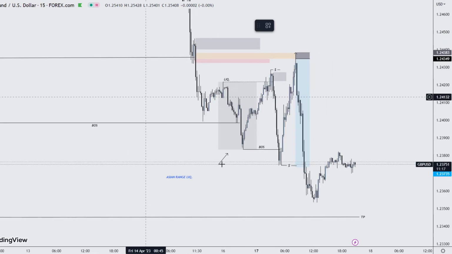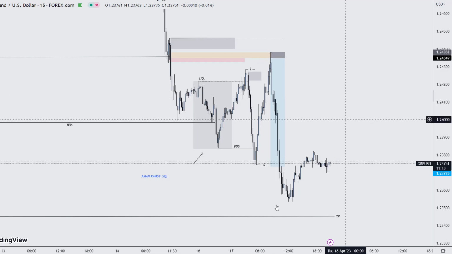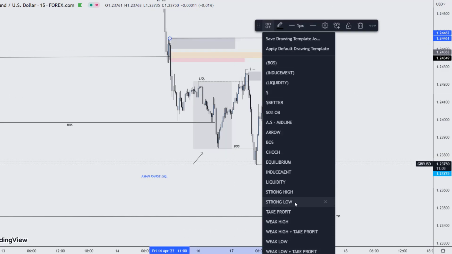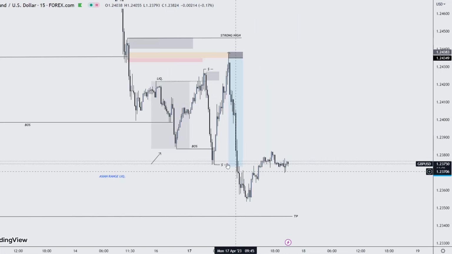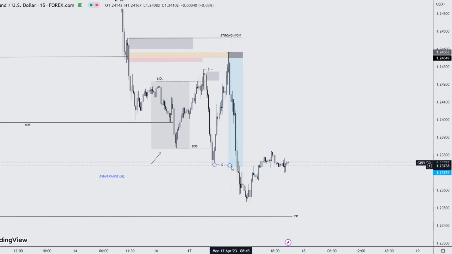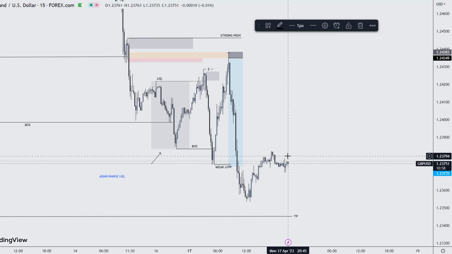And the original strong high was right here. This was the original range from here, strong high, and then it created this weak low. I'll say right here, this weak low. Strong high created this weak low, right?